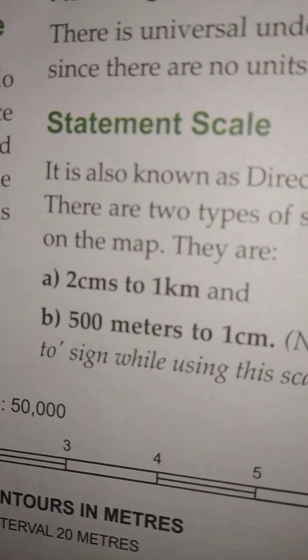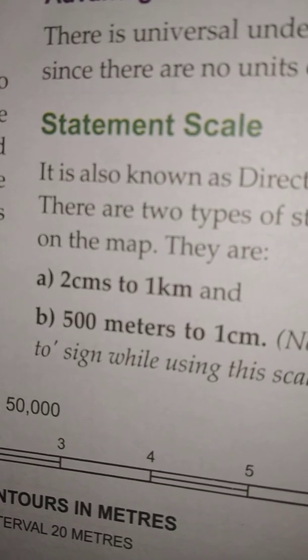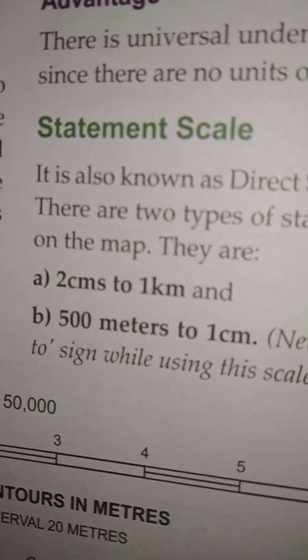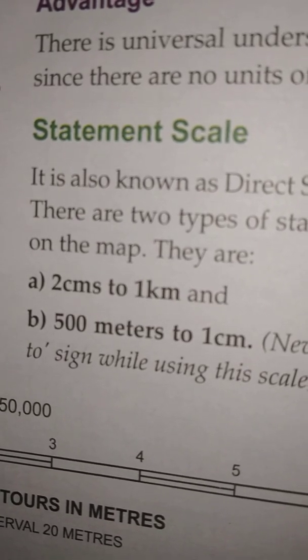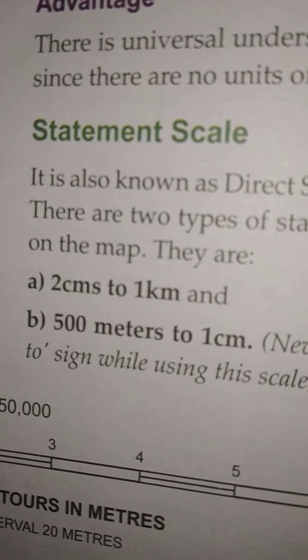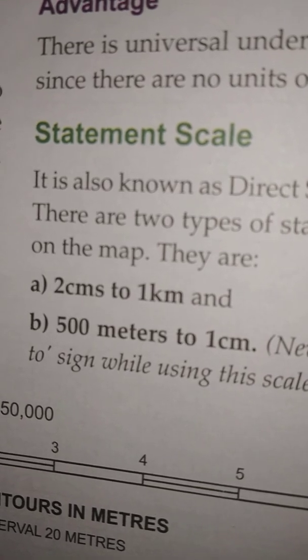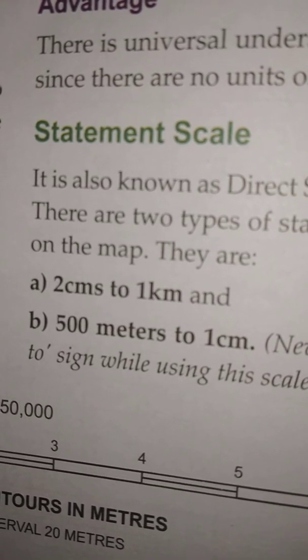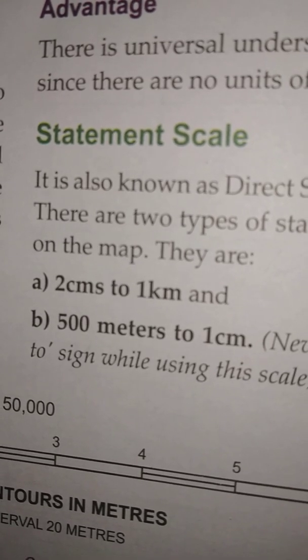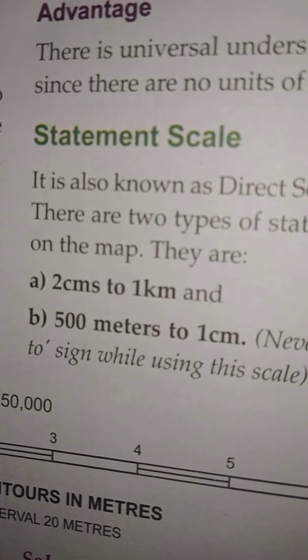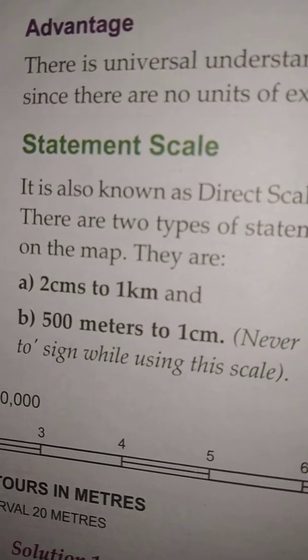In the second example, you can see it is written 500 meters to 1 centimeter. Here 500 meter is the ground distance and 1 centimeter is the map distance. So in case 1 we have written first the map distance, then the ground distance. But in the second case we are writing the ground distance first and then the map distance.